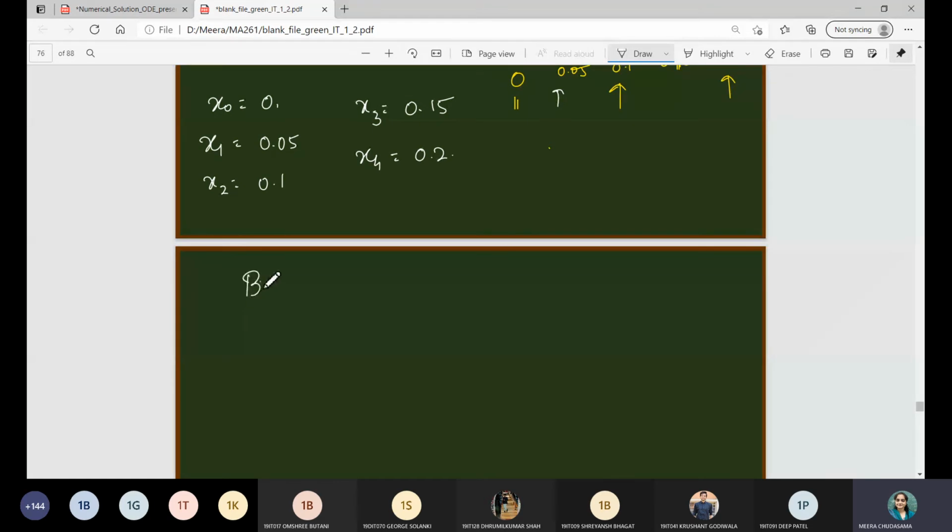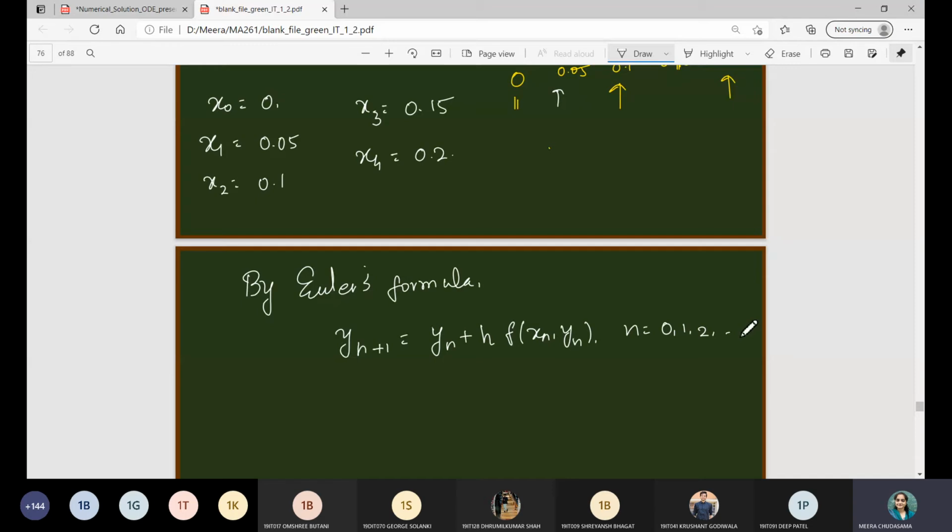Let me write Euler's formula: yn plus 1 is equal to yn plus h f at xn, yn, with n running from 1, 2, 3 and so on, right? So I will write here for n is equal to 1.